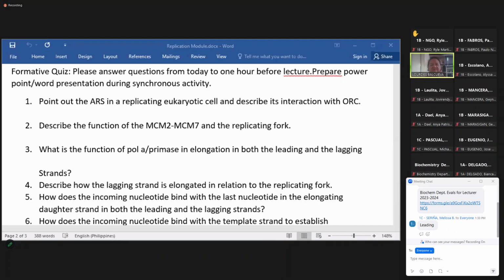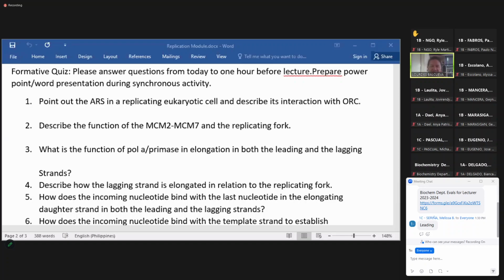So what is the function? What is the function? It functions as the helicase or what?